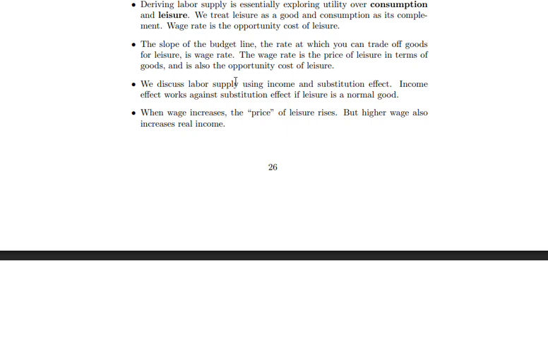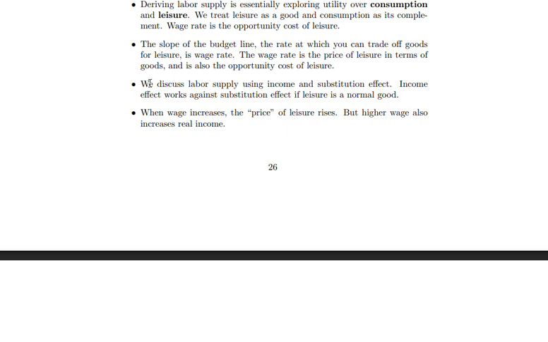The slope of the budget line, the rate at which you can trade off goods for leisure, is the wage rate. The wage rate is the price of leisure in terms of goods, and it's also the opportunity cost of leisure.